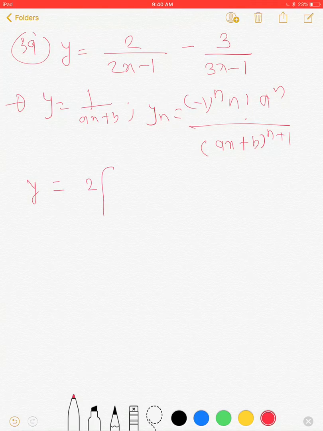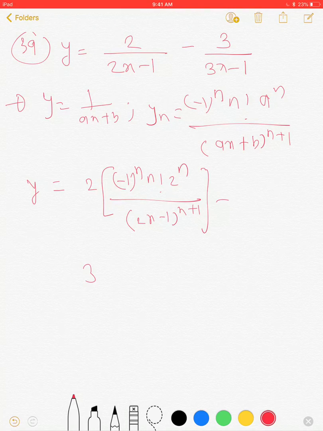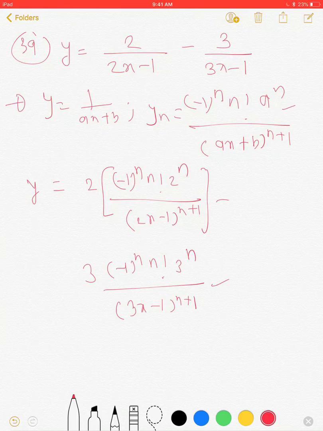So this becomes 2 into minus 1 raised to the n into n factorial into 2 raised to the n upon 2x minus 1 raised to the n plus 1, minus 3 into minus 1 raised to the n into n factorial into 3 raised to the n upon 3x minus 1 raised to the n plus 1. We get this just by comparing the values of a and b.